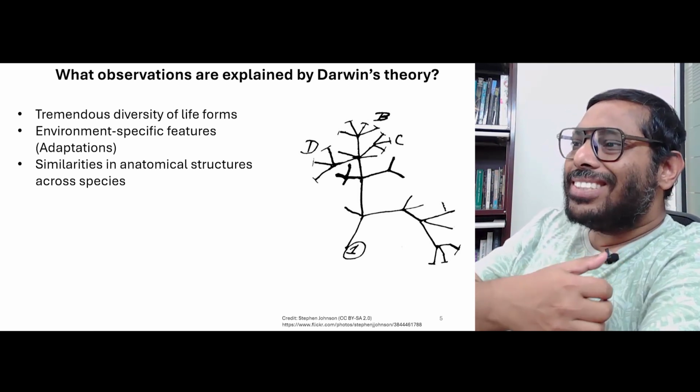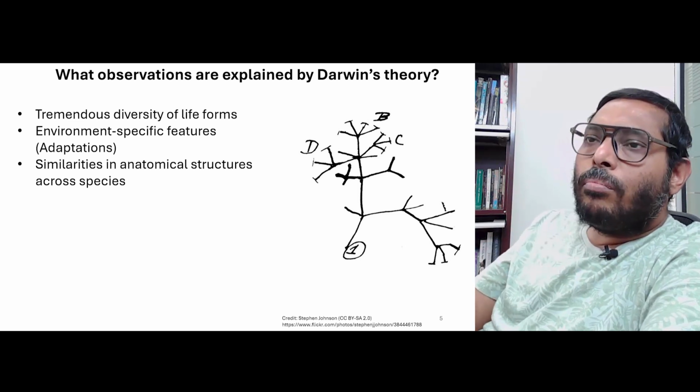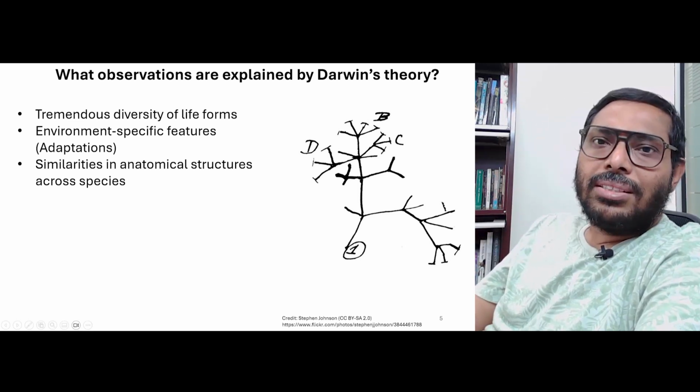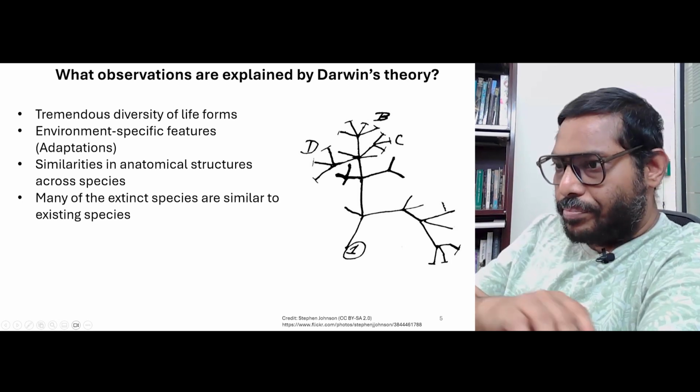And you can actually extend this argument over the entire tree, and both the differences and the similarities get explained based on these ancestral relationships.